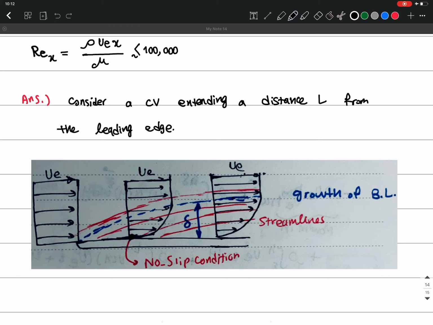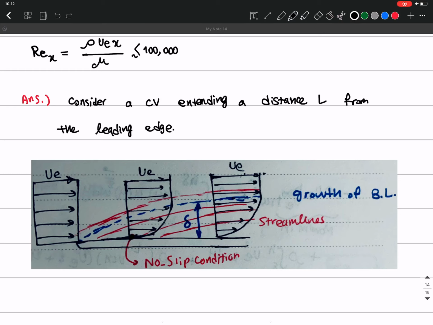And then as we go further and further in the x direction, the higher elevations feel the effect of the no slip condition, meaning that there is something at the surface, right? So they will feel it after longer distances from the leading edge.